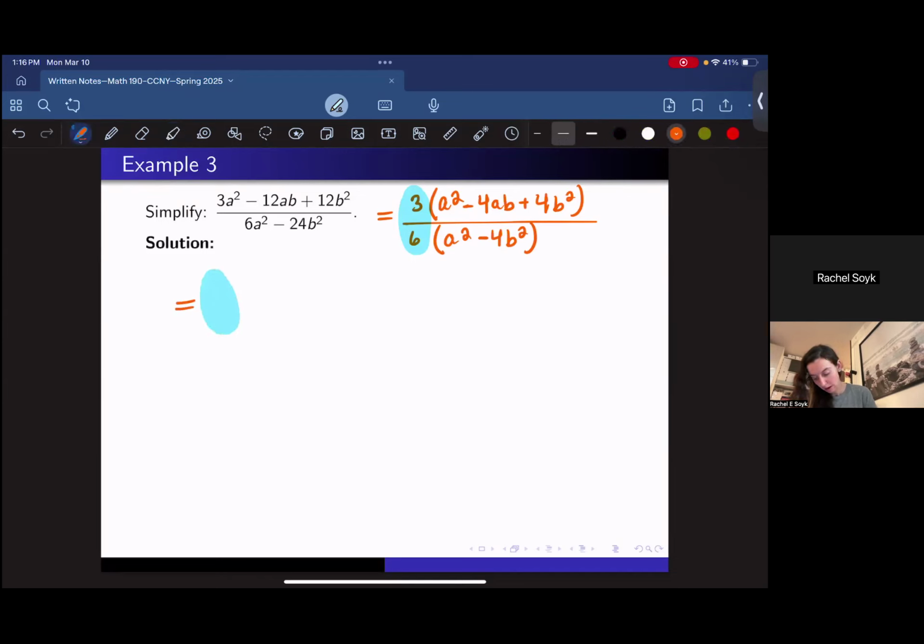So we have 1/2, and then we have a squared minus 4ab plus 4b squared. So what are factor pairs of our 4b squared that add to negative 4ab? Well, factor pairs of 4 are 1 and 4 and 2 and 2. Probably going to look at the 2 and 2.